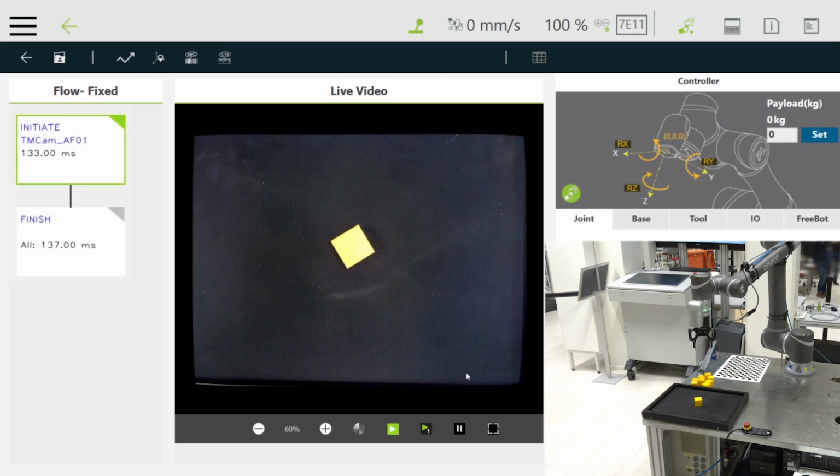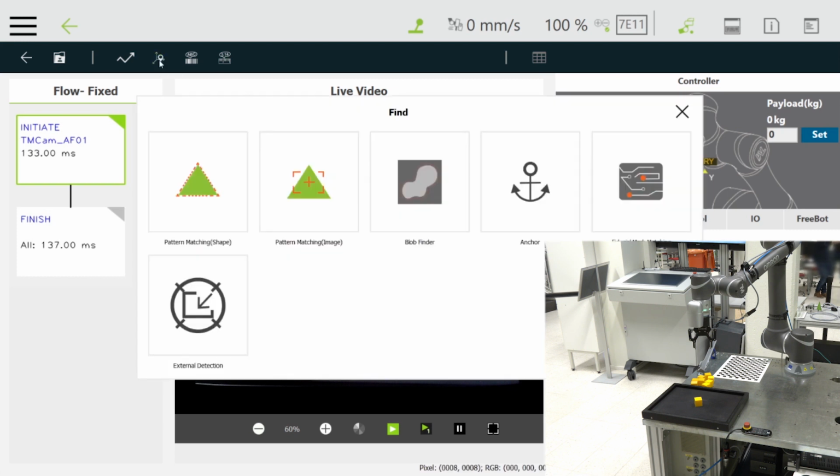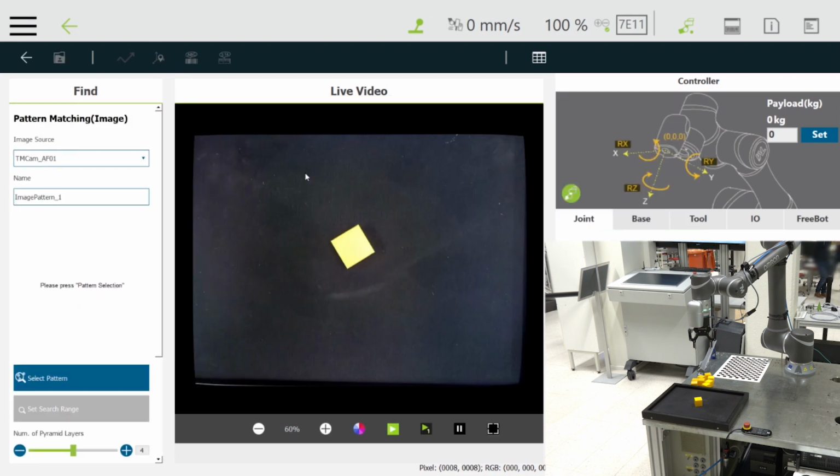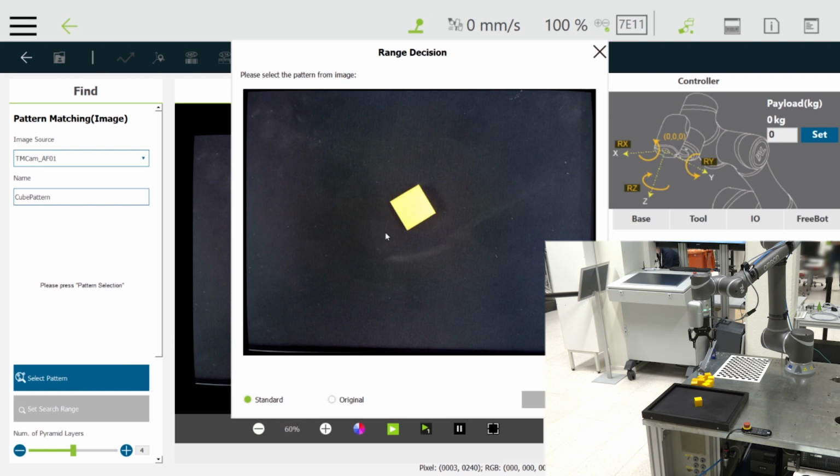In this demonstration, the cube is searched from the image by using the pattern matching tool, as you saw Tommy chose there. First, in the pattern matching tool, the pattern for searching is selected.